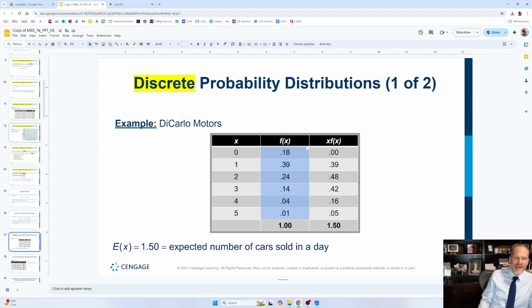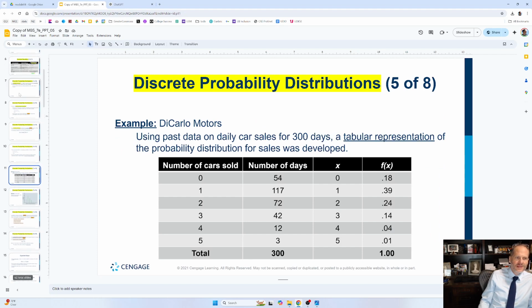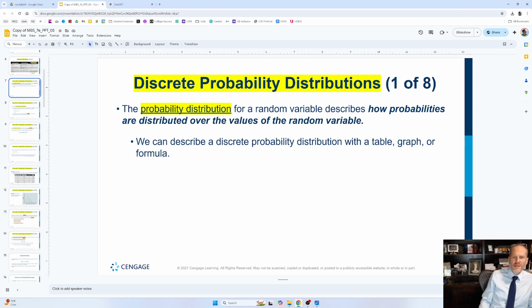We can represent that in a tabular format, and we could also represent that in a graphical format. Here's what that would look like: number of automobiles sold during a day, and then here's the probability of that occurring. That is the discrete probability distribution, a distribution of the probability. We can describe a discrete probability distribution with a table, graph, or formula.